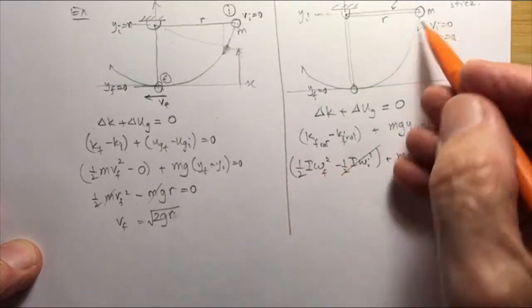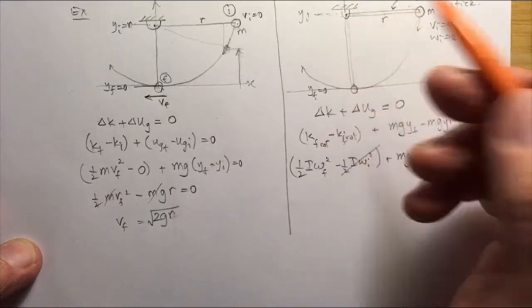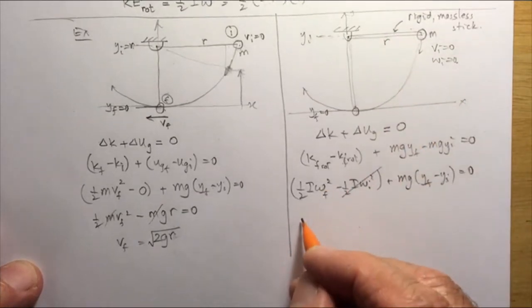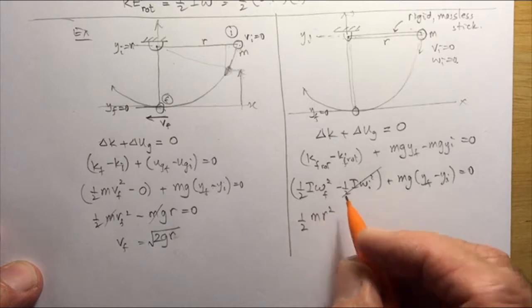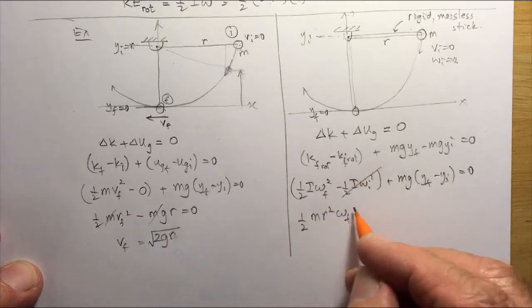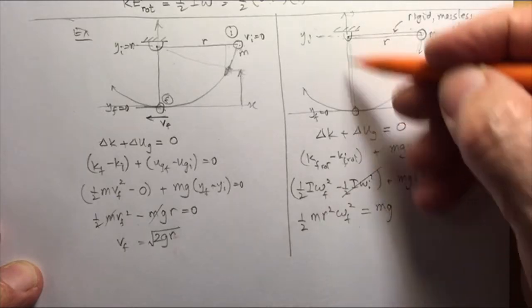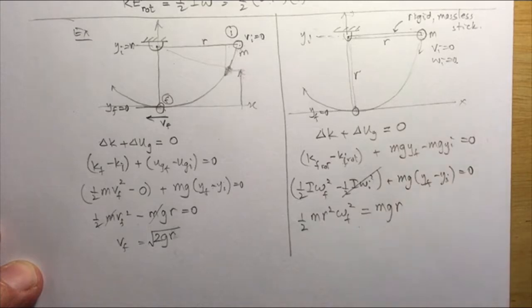Now, the moment of inertia of a point mass at this distance is mr square, and the stick is massless, so it contributes nothing to the moment of inertia. So this is going to be half mr square omega final square equals mg, and y final is 0, y initial is r, so mgr.